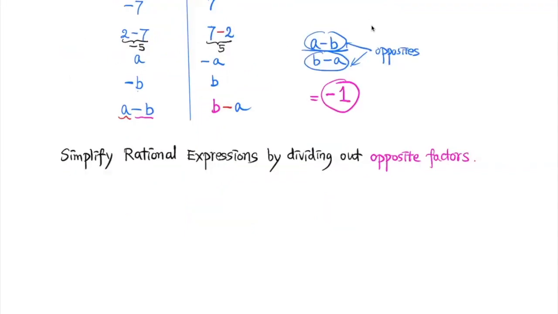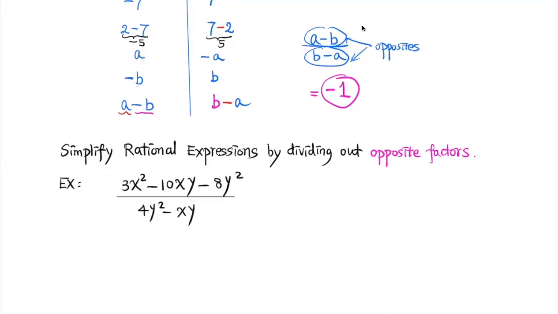Now we're going to do an example to simplify rational expressions by dividing out opposite factors. We have 3x squared minus 10xy minus 8y squared, this quantity divided by 4y squared minus xy. We'll begin by factoring the numerator and the denominator so we can cancel our common factor later on.